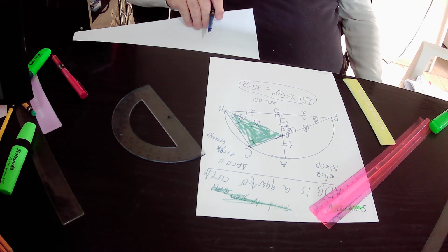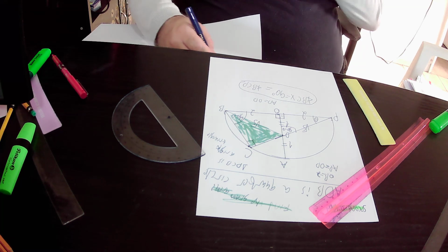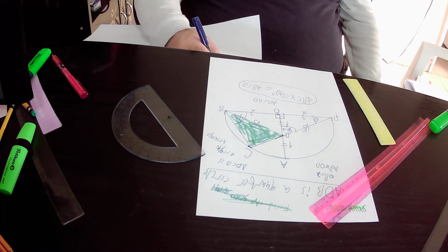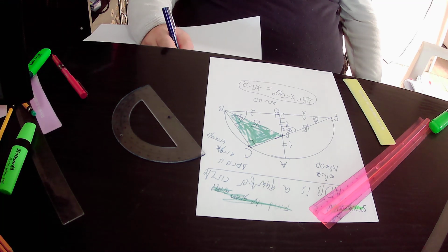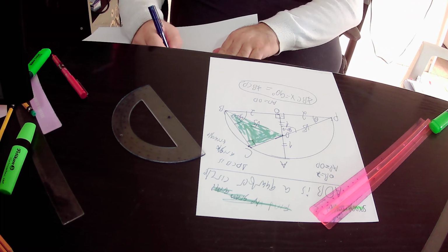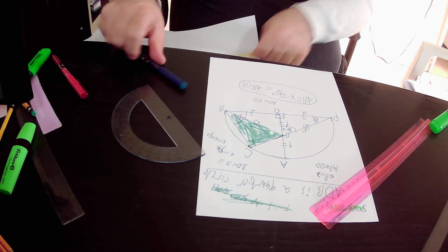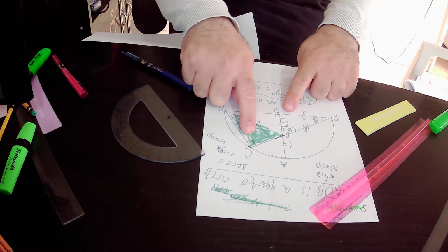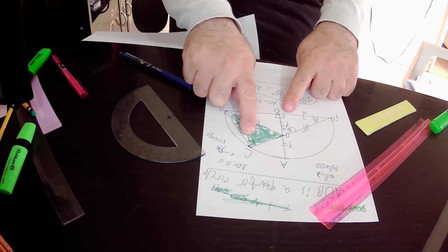So why are those two right triangles similar to each other? First of all, we have those two angles that are both equal to 90 degrees, therefore they are equal to each other.